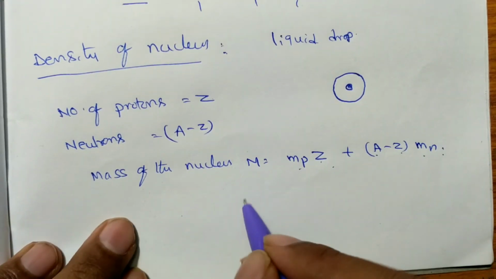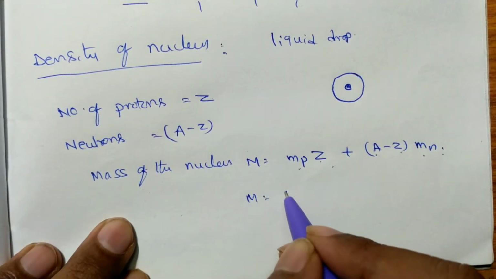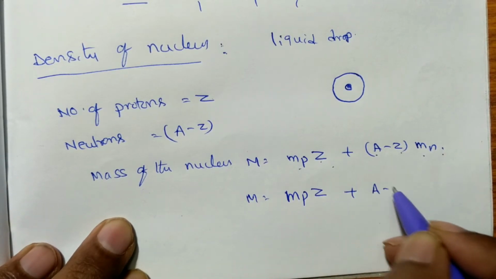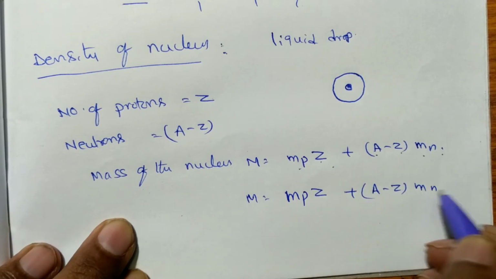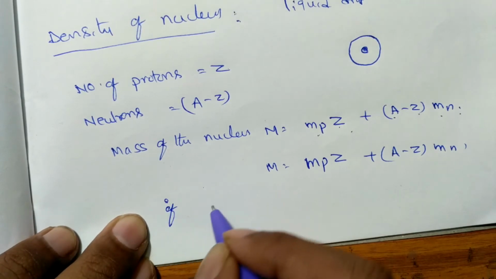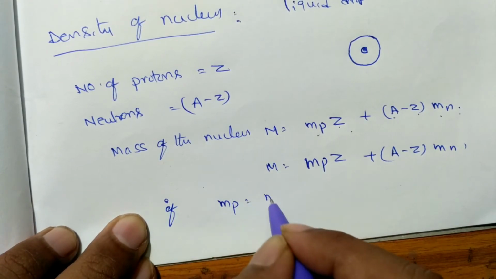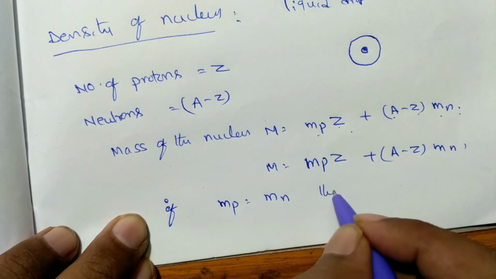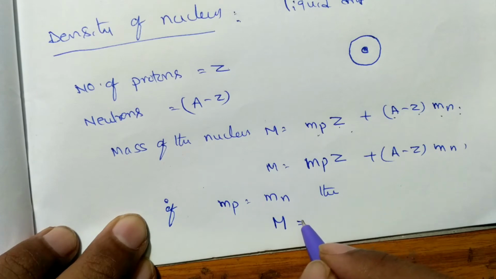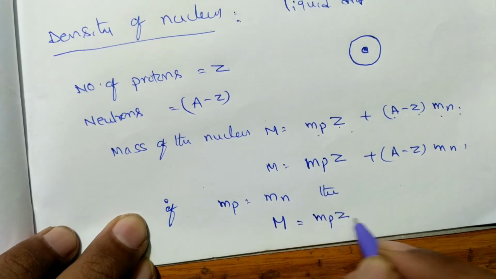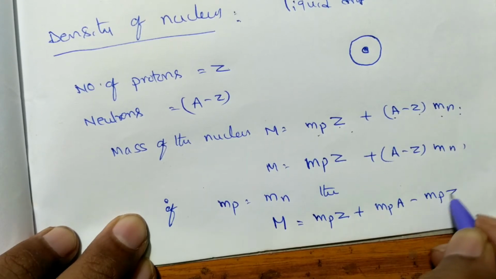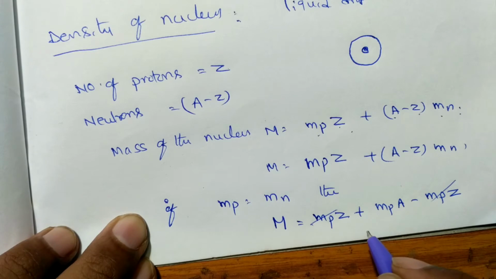So m is equal to mp Z plus A minus Z into mn. If mp is equal to mn, then m is equal to mp Z plus mp A minus mp Z. These two get cancelled.